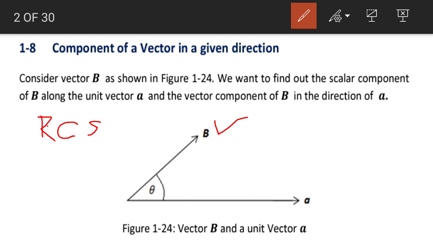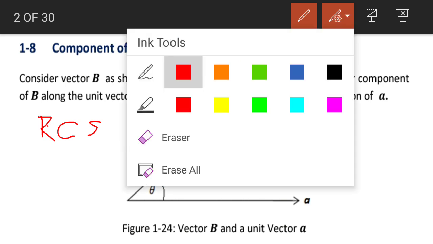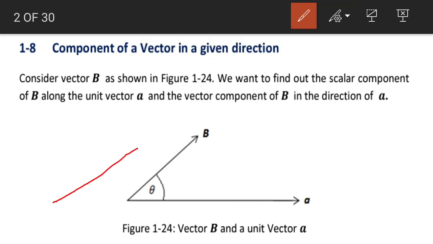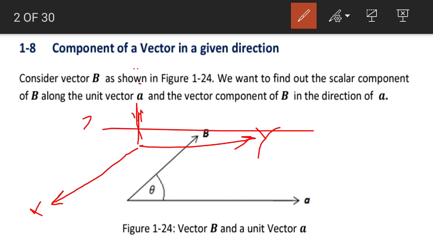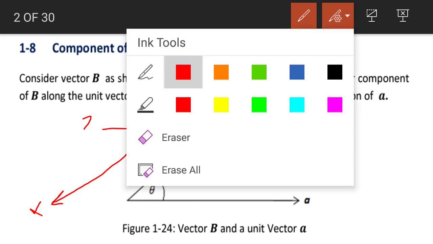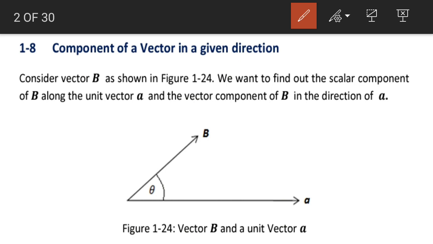These lines are perpendicular to one another: the line along x-axis, the line along y-axis, and the line along z-axis.